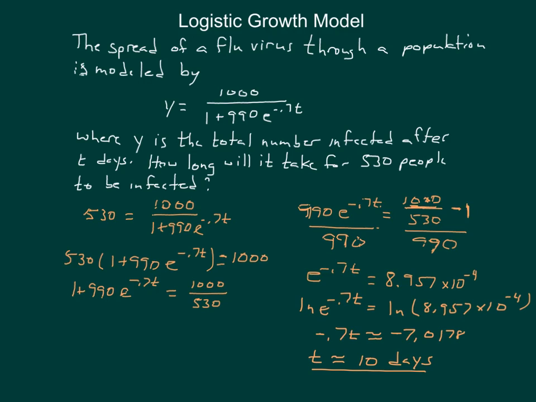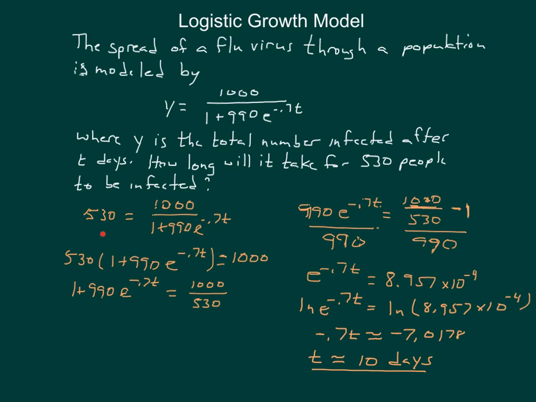Well, in this case, we're going to look at a spread of a flu virus, and it's going to be modeled by the equation y is 1,000 over 1 plus 990 e to the negative 0.7 t power. Now, y is the total number of people infected after t days. So I want to know how long it is going to take for 530 people to be infected.